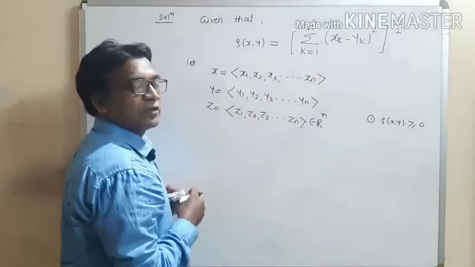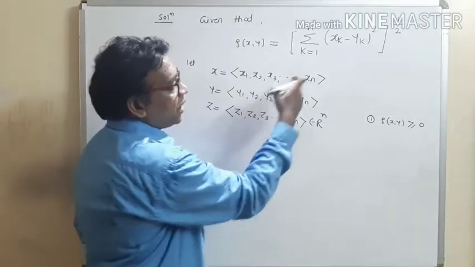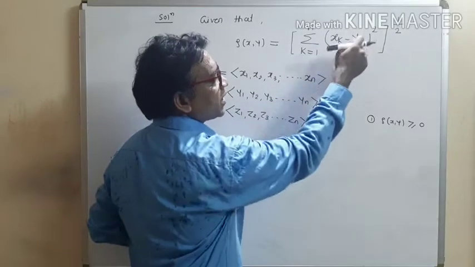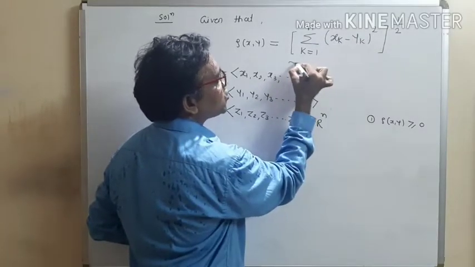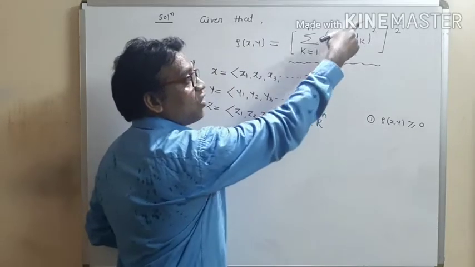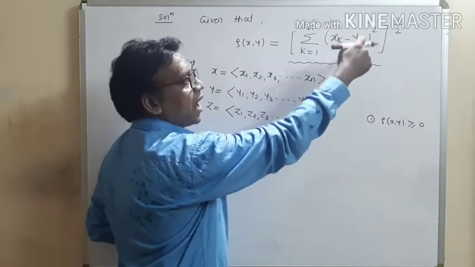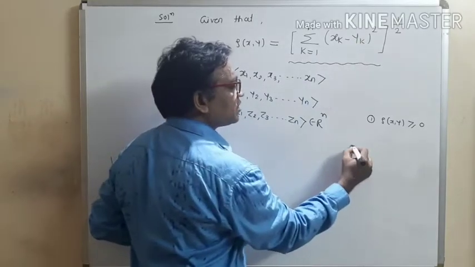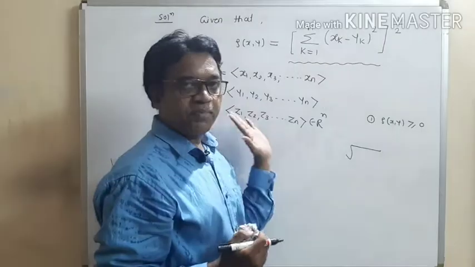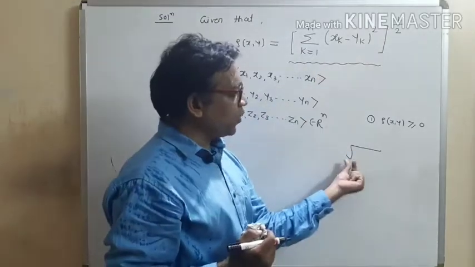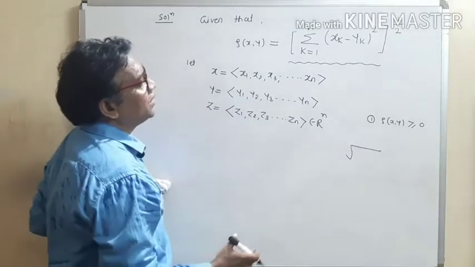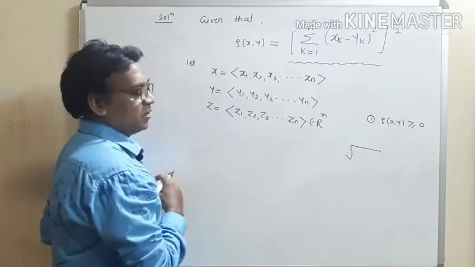This is given. Now if you observe this value, then (xk minus yk) square is the square of some term. Now a square is always a non-negative term, and raised to 1 half means it is the square root. The bracket square is a non-negative term, and the square root of a non-negative term is again non-negative. So we can directly write that rho of xy is non-negative.